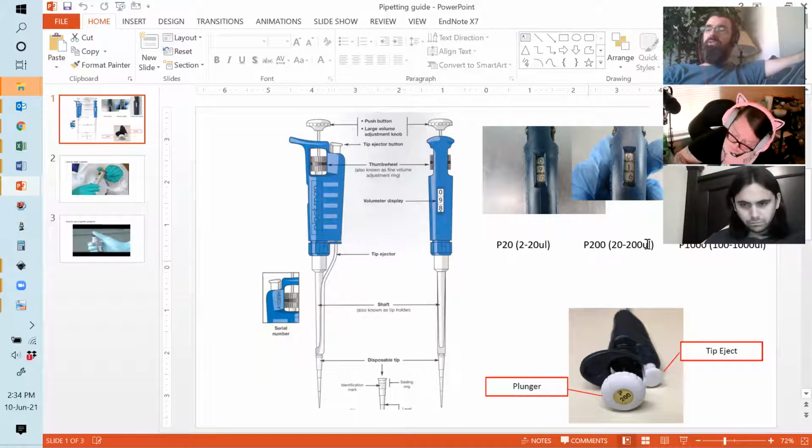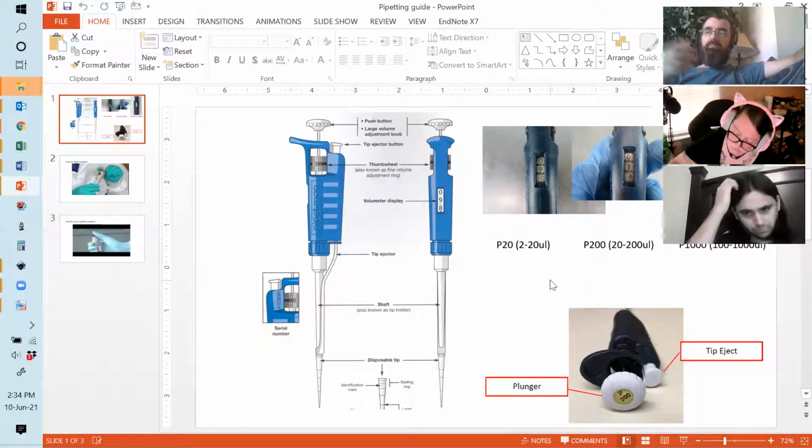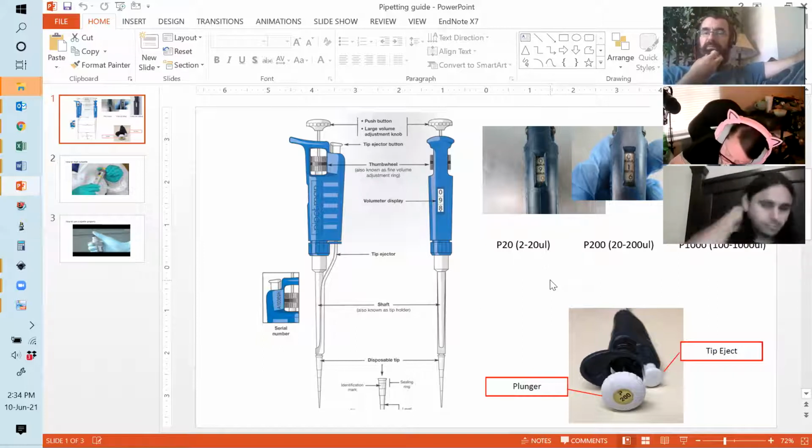Because even though you could use a P200 and do it twice, like 150 each time, you have the error of the measurement, and so your error gets bigger and bigger. So you always have to use the correct pipette for the volume that you're trying to measure out. That's a key part.